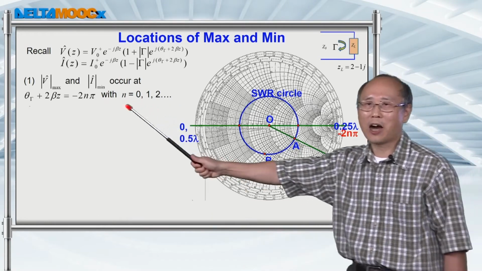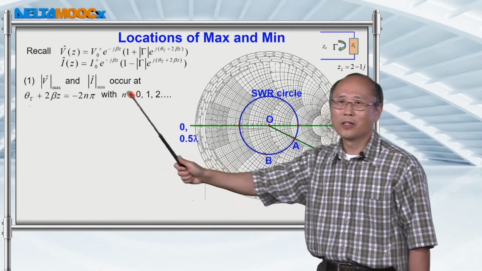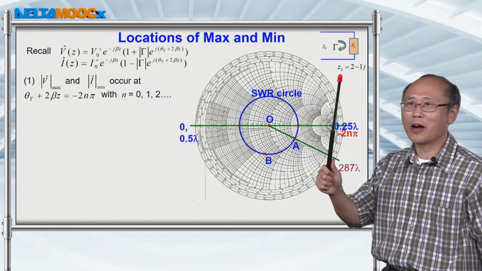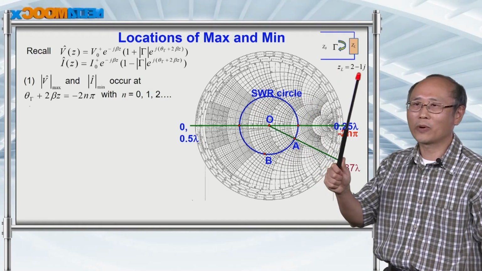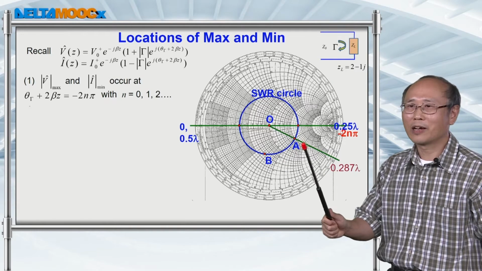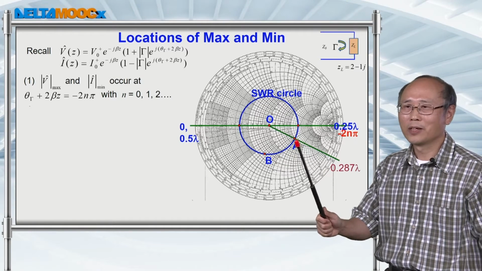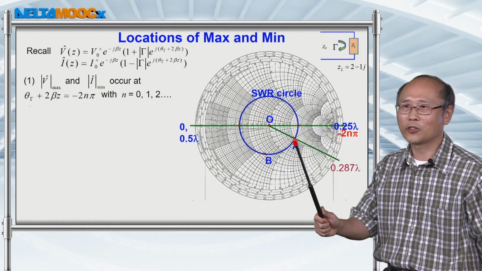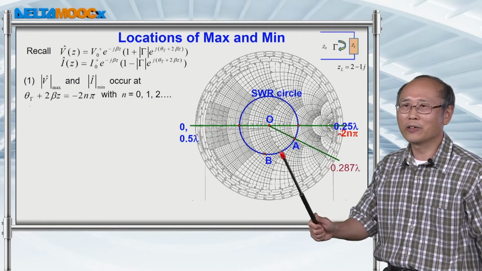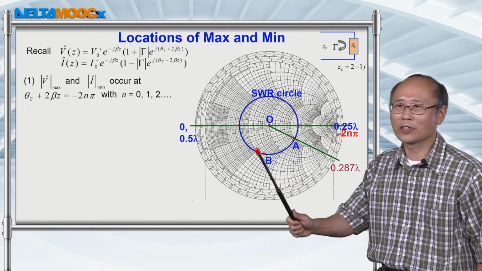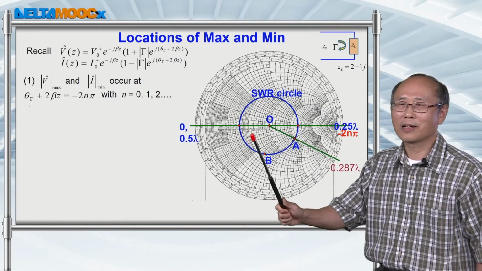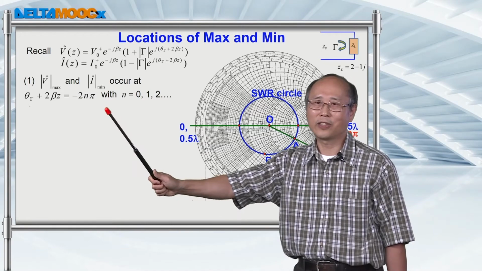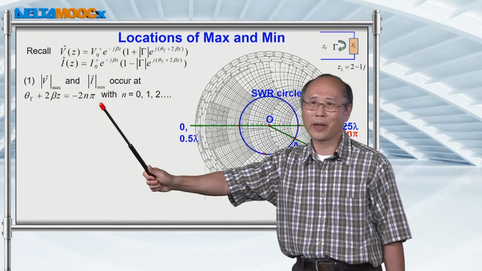So now we're looking into the angle right here. So this means that in the last example with ZL equal to 2 minus 1j, the load point is here. So now you want to move on this transmission line toward the generator. Then you move along the SWR circle, and try to find out where the phase is equal to minus 2nπ.